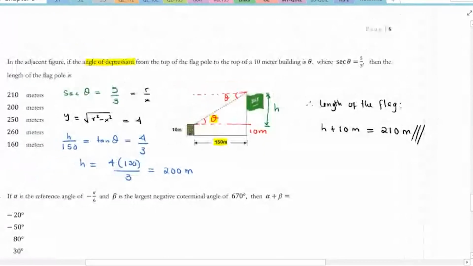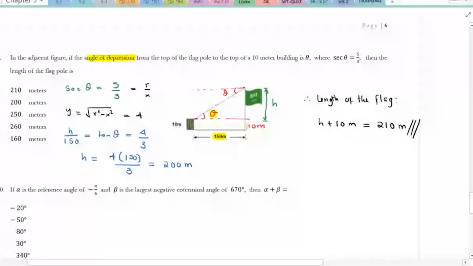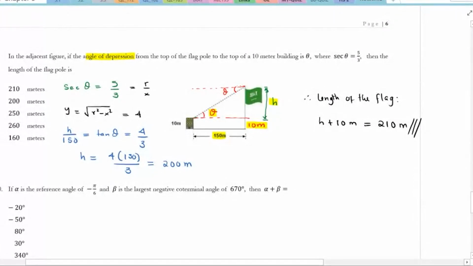Now, in this type of question, the question is straightforward, but care must always be taken that this part is separated from this part. So when you have the answer, you still have to add 10 to it to get the length of the pole.